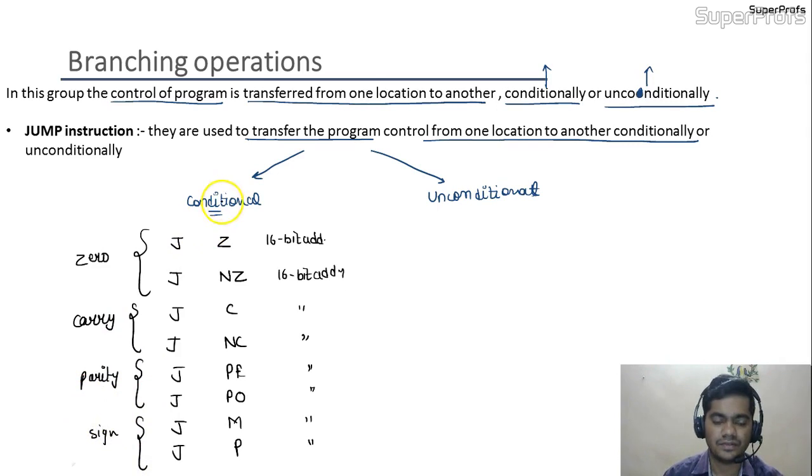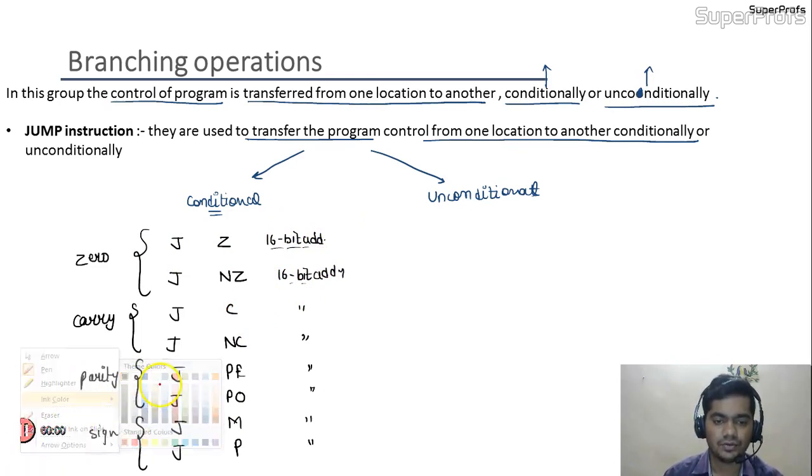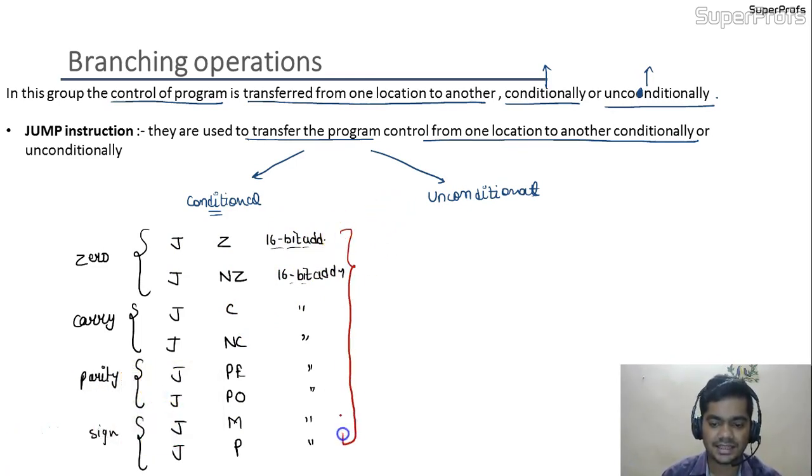With these conditions available in the instruction, only then would the jump to this 16-bit address happen. We can write two points regarding these instructions: it is a 3-byte operation because a 16-bit address is present, and it would take either 2 machine cycles or 3 machine cycles.